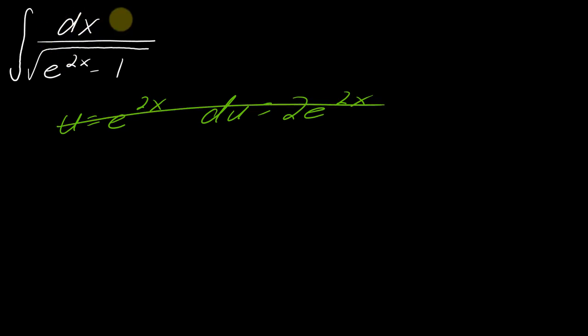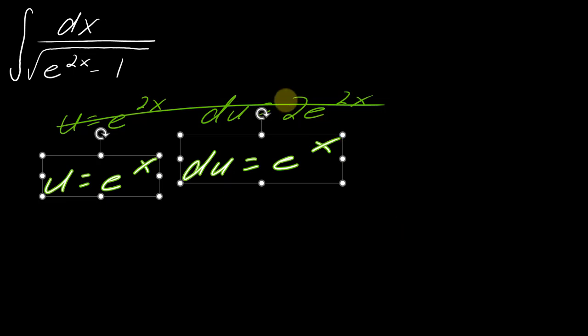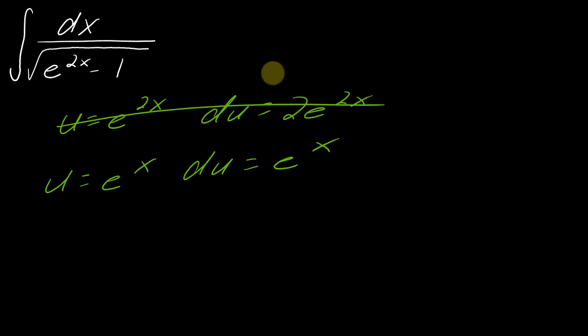And just making u equal e to the x won't work because I don't have another e to the x in the problem. So you know that you have to be clever if you're out of ideas for substitution. So let me get rid of all this.